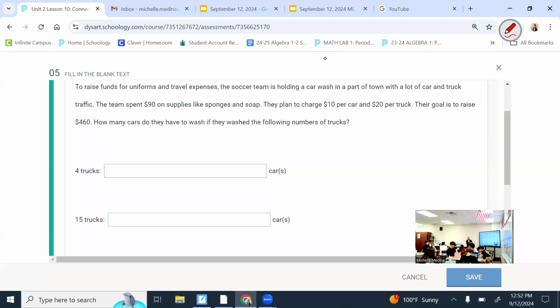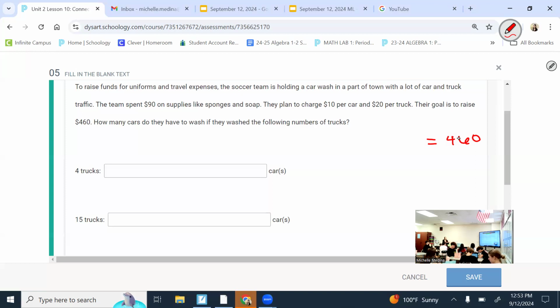The number that should be by itself, which is like a total of some sort. 460 is the total money that they want to raise, right? And you have to think of everything that contributes or even takes away from that money, and that goes on the other side. So all these other number values are probably going to be in the equation, and you just have to figure out what math needs to be done for them.